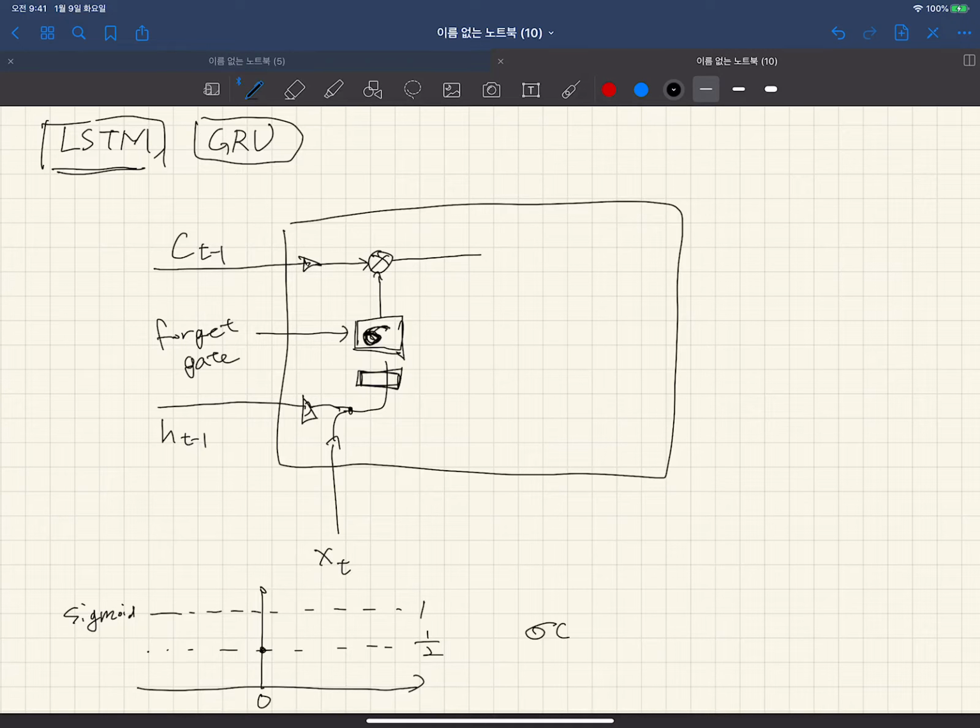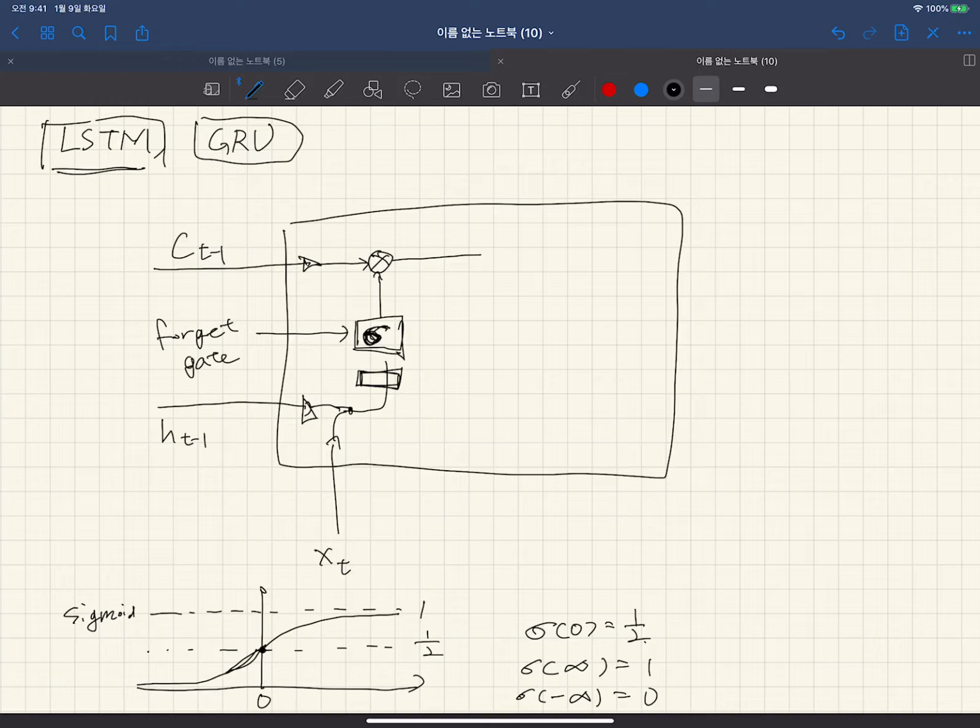So sigmoid of 0 is equal to 1/2, which goes to 1 as the input goes to infinity, and goes to 0 as the input goes to minus infinity. So sigma of infinity is equal to 1, and sigma of minus infinity is equal to 0, and this is a monotonically increasing function.